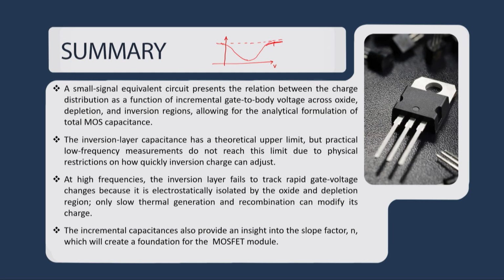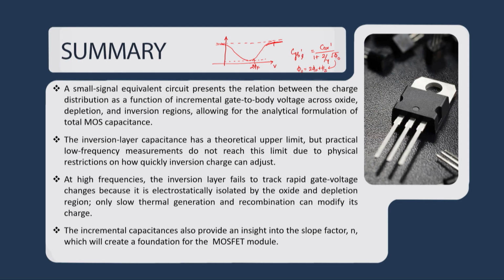It is equivalent to, or approaches, Cox in accumulation, and it will reach the minimum after 2 phi f. We have also calculated the minimum capacitance, which was given by Cgb dash L is equal to Cox dash divided by 1 plus 2 by gamma square root of phi naught, where phi naught is the surface potential when you are in strong inversion.